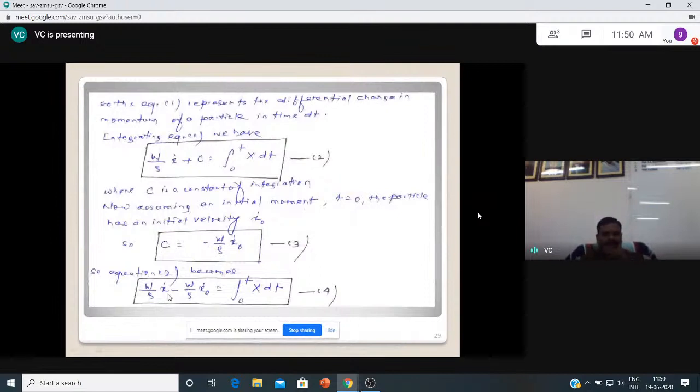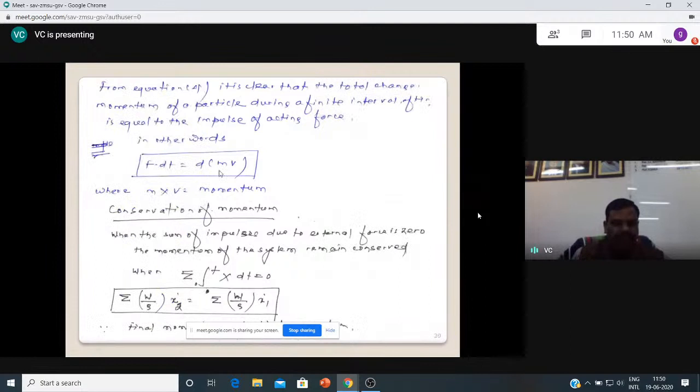Now the change in momentum, final mass into velocity minus initial, is equal to force into a small duration of time, 0 to t. That is the expression: d(mv_x).